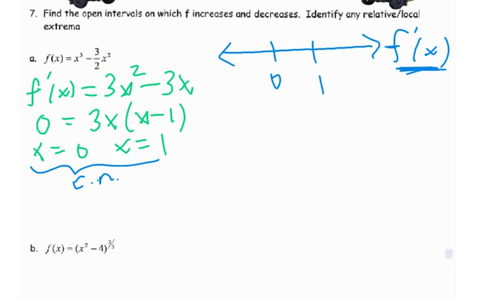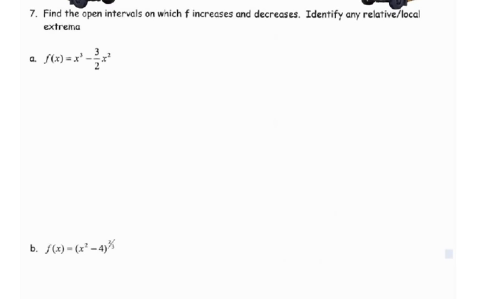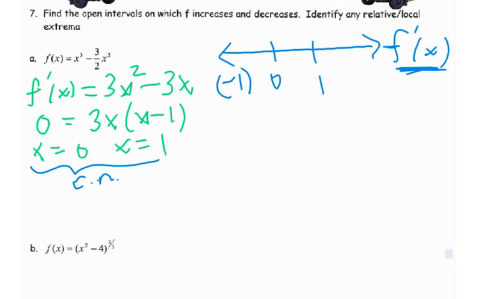How are we going to do that? We're going to choose one number in each region, and substitute into the first derivative to determine the sign, the outcome. So, for example, in region number 1, to the left of 0, I'm going to use, and you don't have to write these when you're testing, I'm just showing you what I'm using, -1 to determine whether in that region the first derivative is positive or negative.